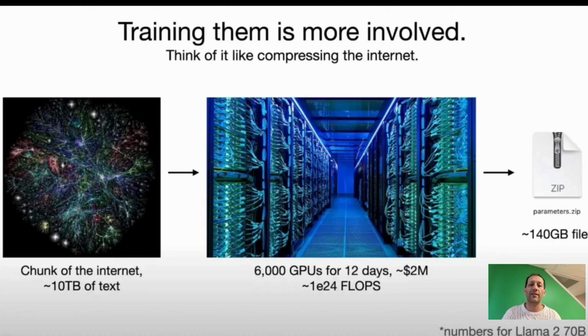And the result of all that, you use all this data, feed it into this learning algorithm, use all these GPUs. What comes out are these tuned model parameters, trained model parameters, 70 billion of them. And like I said, that is 140 gigabytes. And you were able to download them off of Hugging Face, right?